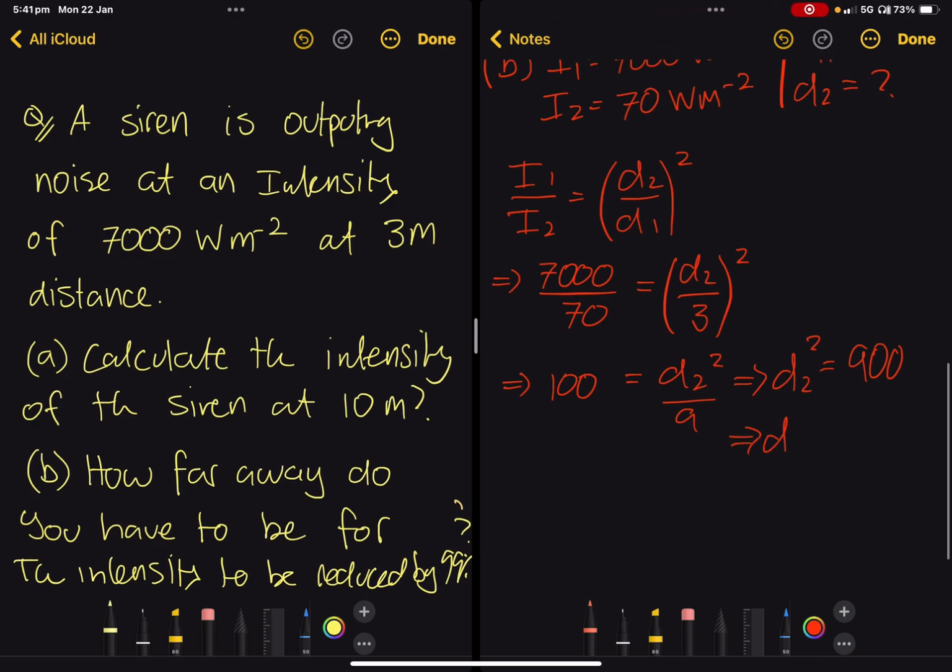And so d2 is going to be the square root of 900, which is 30 meters. So essentially, once you are 30 meters away, 99% of the intensity is gone. And that's what this question has shown us.